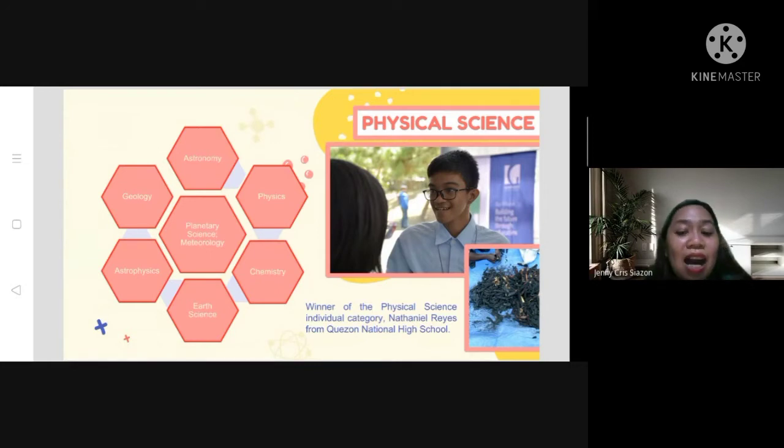Kaya nga parang maganda yung study niya kasi tinignan niya kung effective ba ang charcoal made out of cornstalk doon sa algal blooms na meron sa kanilang pond. Nearby streams, nearby ponds. Okay. So yun doon umikot yung study ni Sir Nathaniel Reyes.